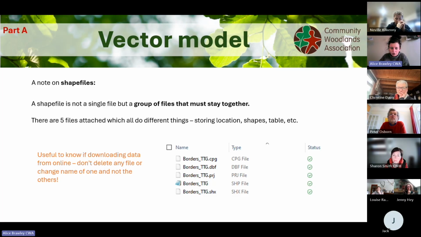So one is storing location information, one is storing information about the shape, and one is storing tables, so the attribute descriptive information that we just talked about. And they're all doing different things, and you need all of them. So if you ever stumble across shapefiles, the take-home message is don't delete any of them and don't rename any of them. They all have to stay together and stay with the exact same name.